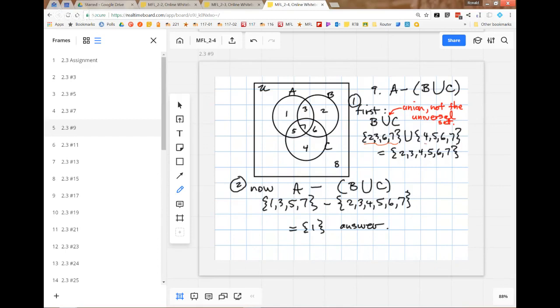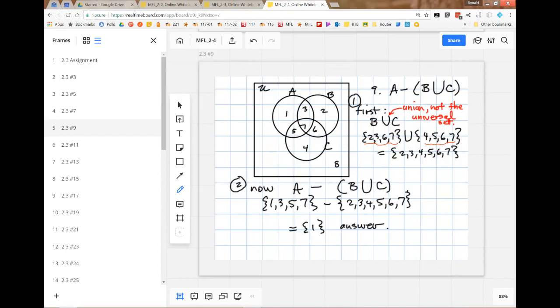C is 4, 5, 6, 7. And what's the union of those two? You put them together and throw out repeats, so you get 2, 3, 4, 5, 6, 7.